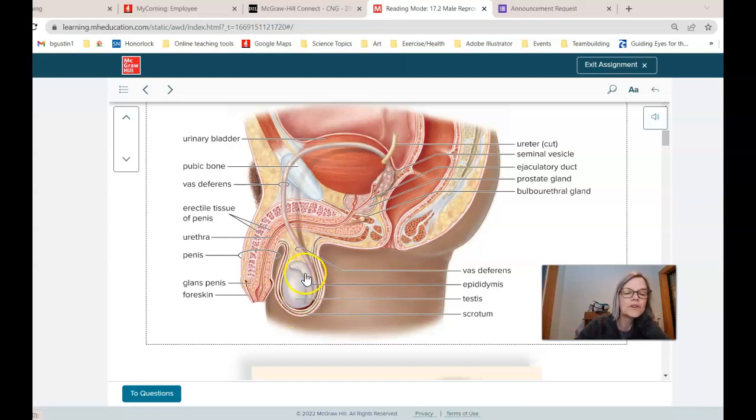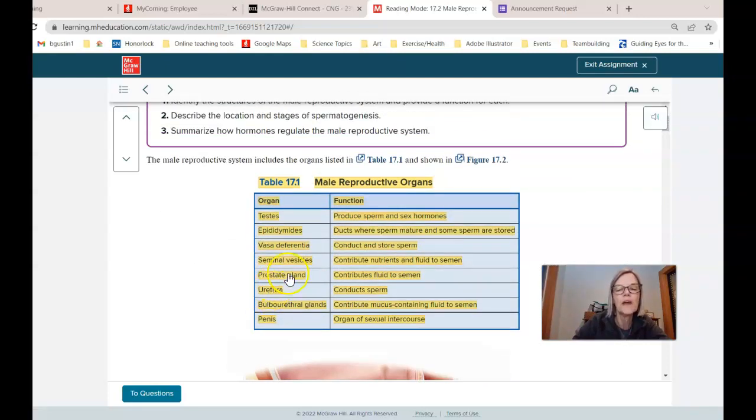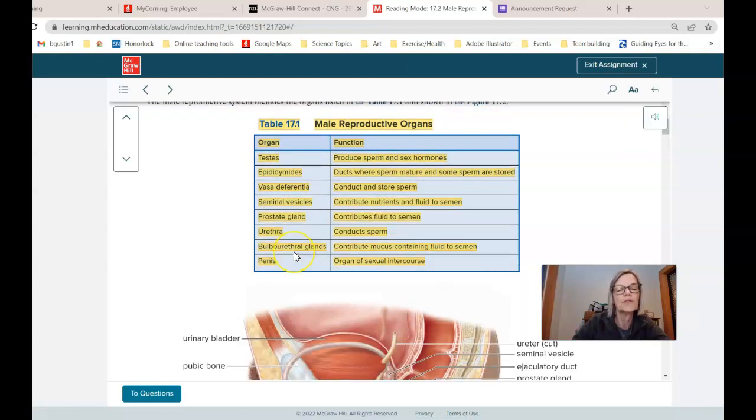And probably most of you are aware that not only is testosterone made in the testes, but that's where the sperm originate also, and for normal sperm to form, that has to occur just slightly below body temperature, which accounts for why the testes are hanging outside of the body and not in the abdominal cavity. So they produce sperm and sex hormones.